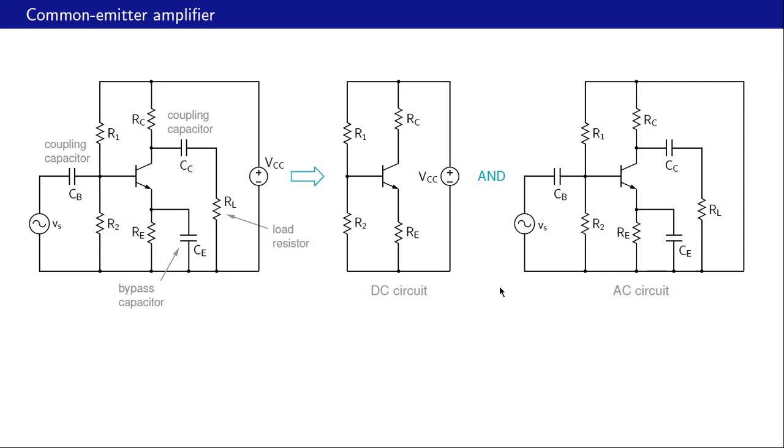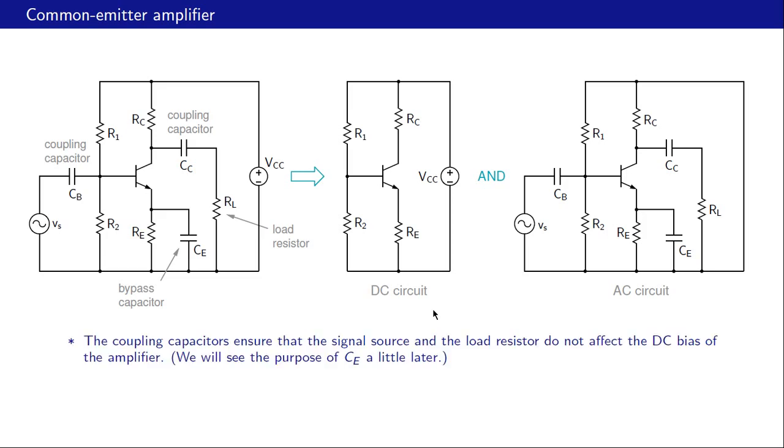But what we see already is that this DC circuit is identical to the one that we considered when we talked about biasing. So the coupling capacitors ensure that the signal source and load resistor do not affect the DC bias of the amplifier, and it's a very, very big advantage because we don't need to worry about what load resistance or what source voltage is going to drive this amplifier when we design the biasing components.